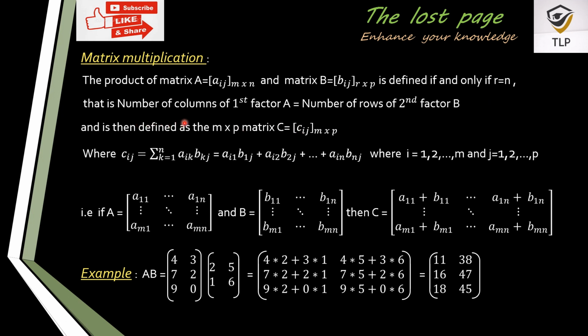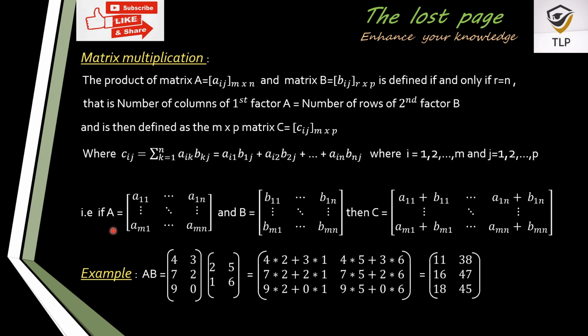That is, the number of columns of the first factor A equal to the number of rows of the second factor B, and is then defined as the m cross p matrix C equal to cij of order m cross p, where cij equal to sum over k equal to 1 to n aik into bkj equal to ai1 into b1j plus ai2 into b2j plus ... plus ain into bnj, where i equal to 1, 2, ... m and j equal to 1, 2, ... p.